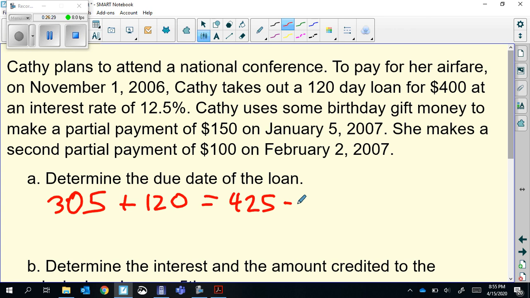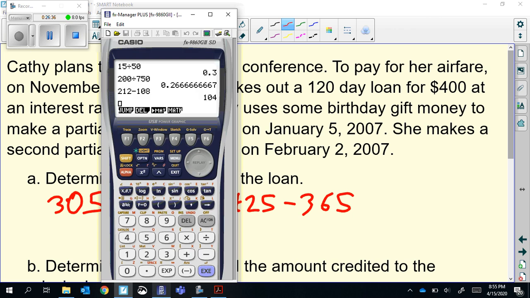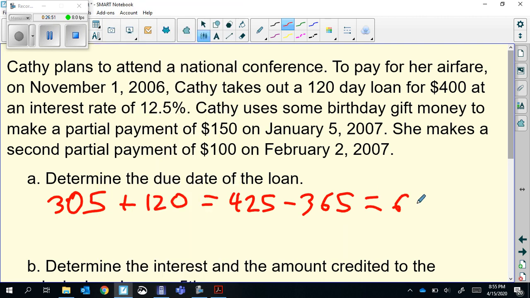Now, that's more than a year, so we need to subtract the year from it, 365. You can use a calculator if you want. So that's 60. So it's 60 days into the next year.